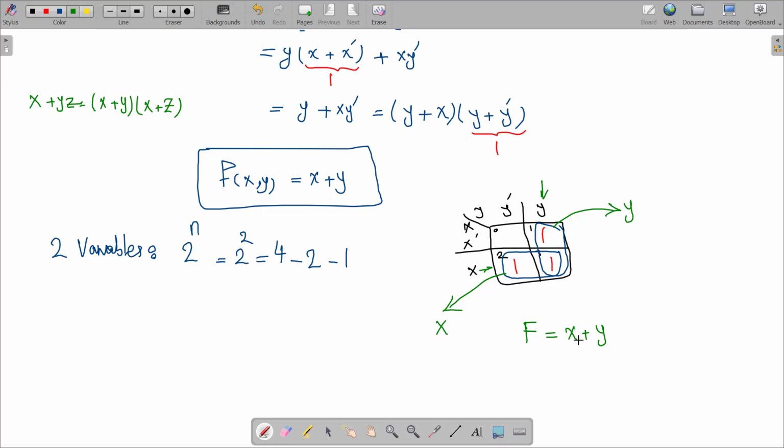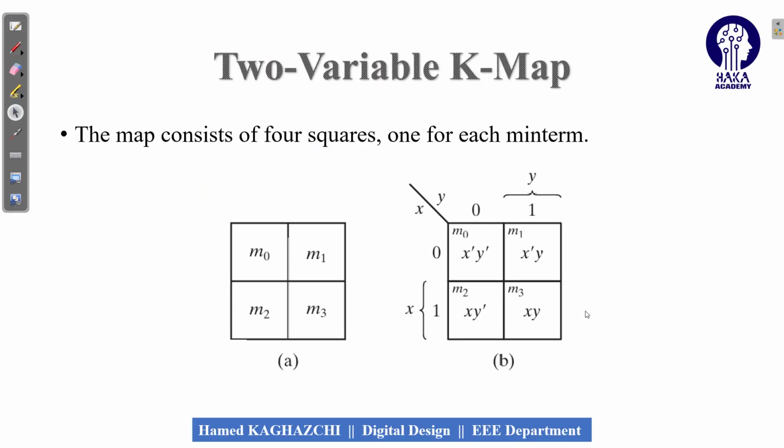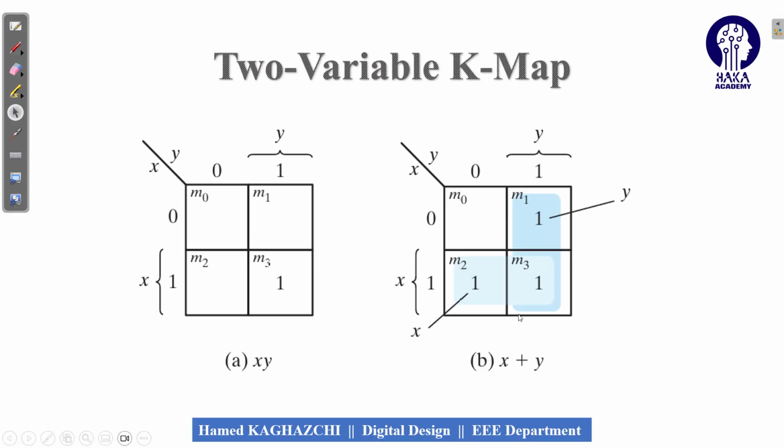We write the sum of all of the terms, and this is the simplest Boolean function. This is the concept of the Karnaugh map and how we can find the simplest Boolean function using it. Now, if you look at this example, again we write 1, 1, 1 here, and we can create 2 groups in this form.